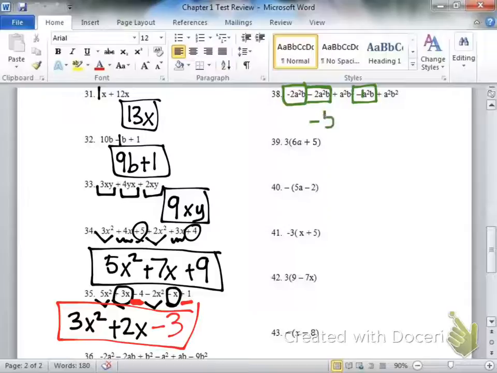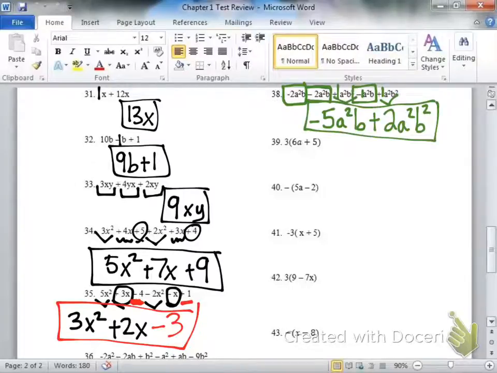So that's negative 5 a squared b. Here I have an a squared b squared and an a squared b squared. They're both 1. So 1 plus 1 is plus 2 a squared b squared. Now, if you want to write the a squared b squareds on the front, technically that would be the most right answer because you usually put the one with the most exponents in the front. But for my class, this is an okay answer.